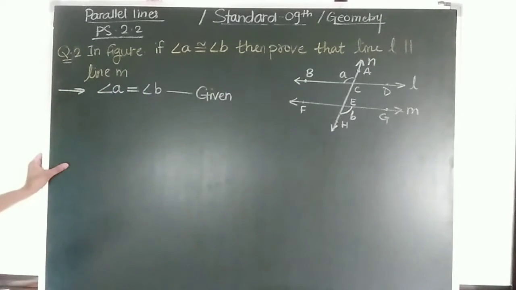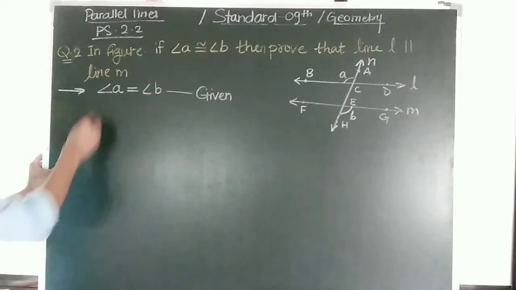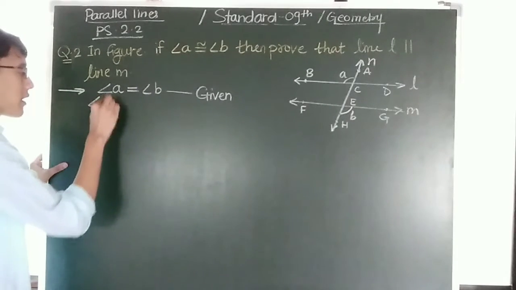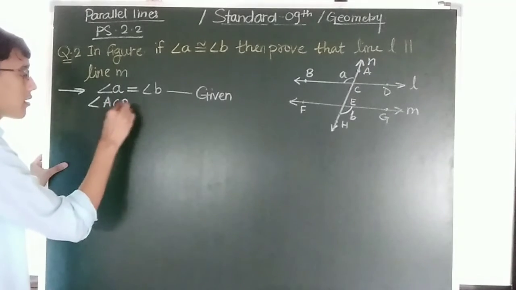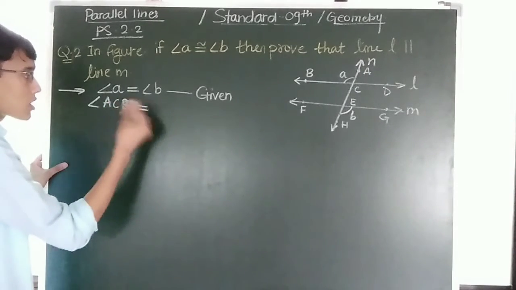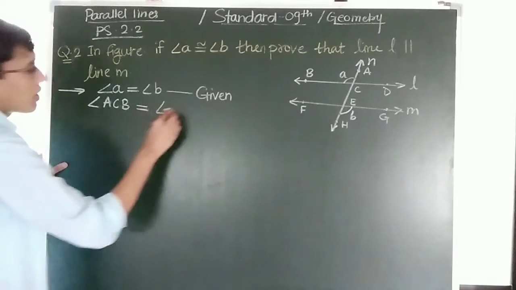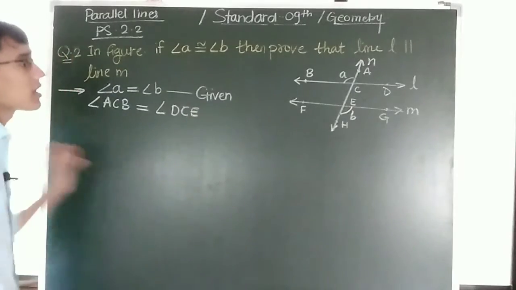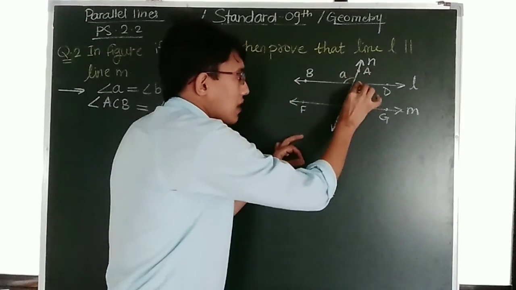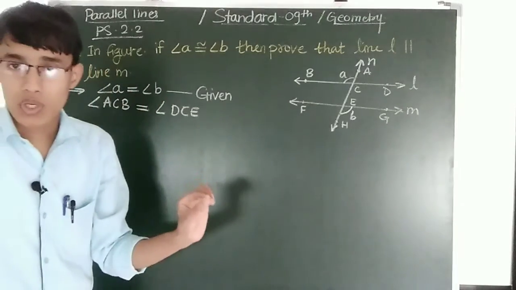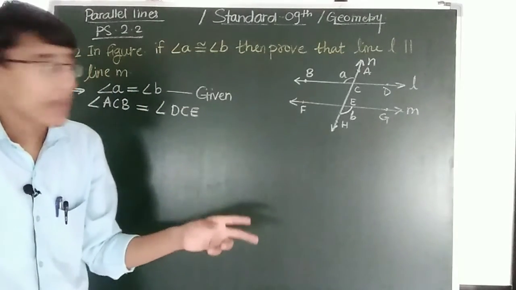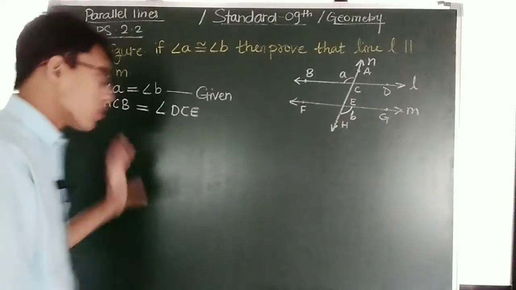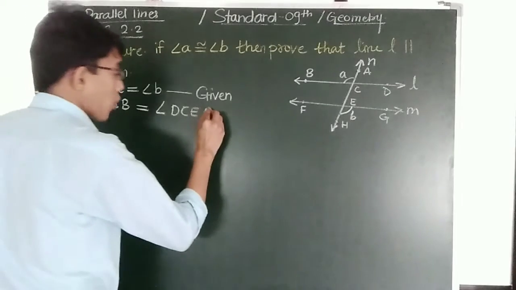Now what I will do, I will take angle ACB is equal to, or is congruent to, angle DCE. Okay, this angle and this angle both are congruent to each other, both are equal to each other. Why? Because both the angles are vertically opposite angles, and vertically opposite angles are always congruent.